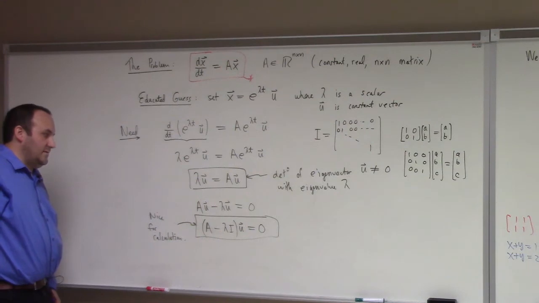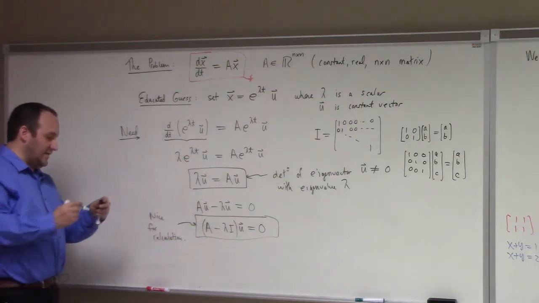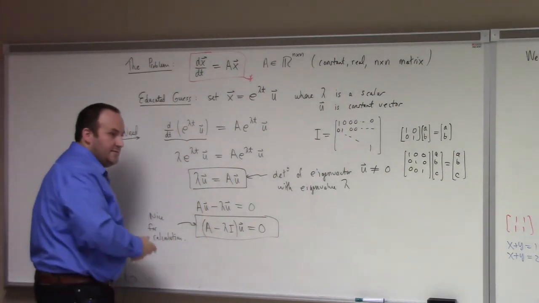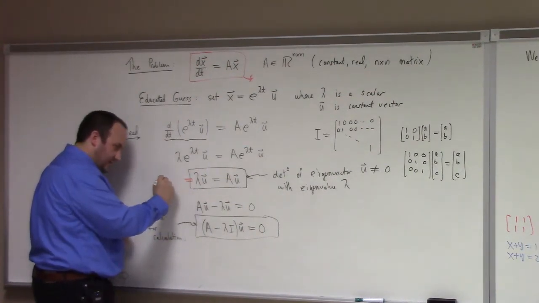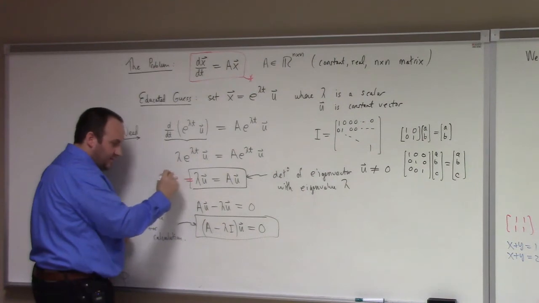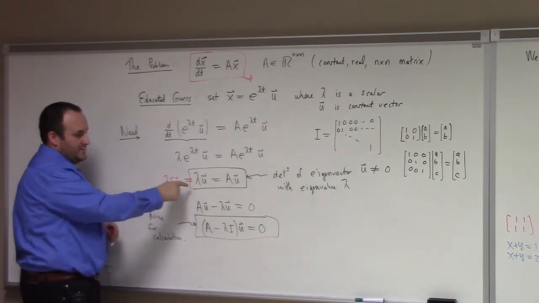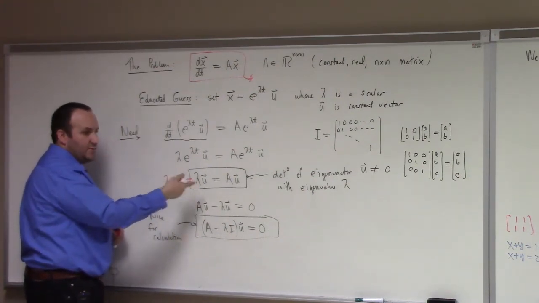So λu, if you'll allow me this short calculation, is equal to λIu because u is equal to Iu.